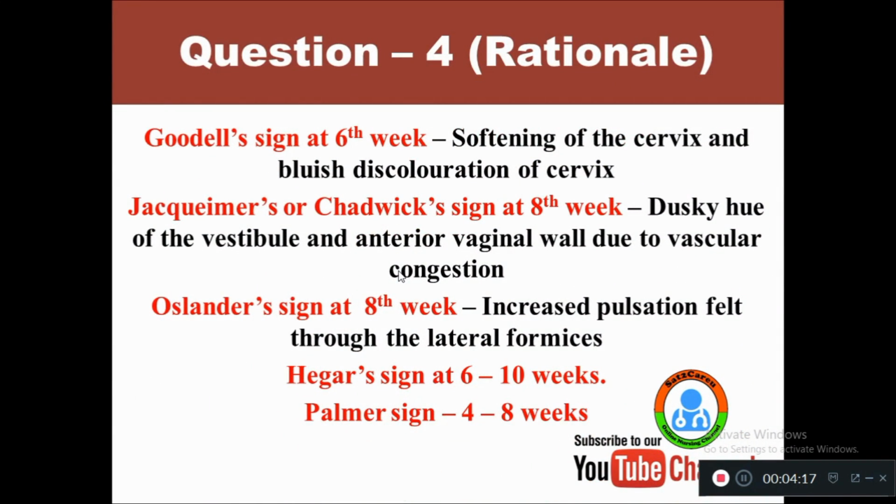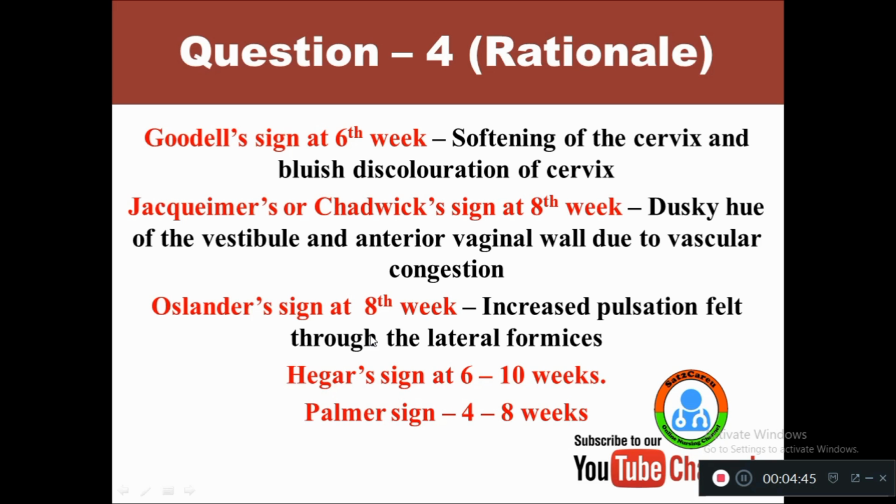The explanation for this: Goodell's sign occurs at the 6th week. The characteristic feature is softening of the cervix and bluish discoloration of the cervix. Jacquemier's or Chadwick's sign occurs at the 8th week, which is the feature of dusky hue of the vestibule and anterior vaginal wall due to vascular congestion.